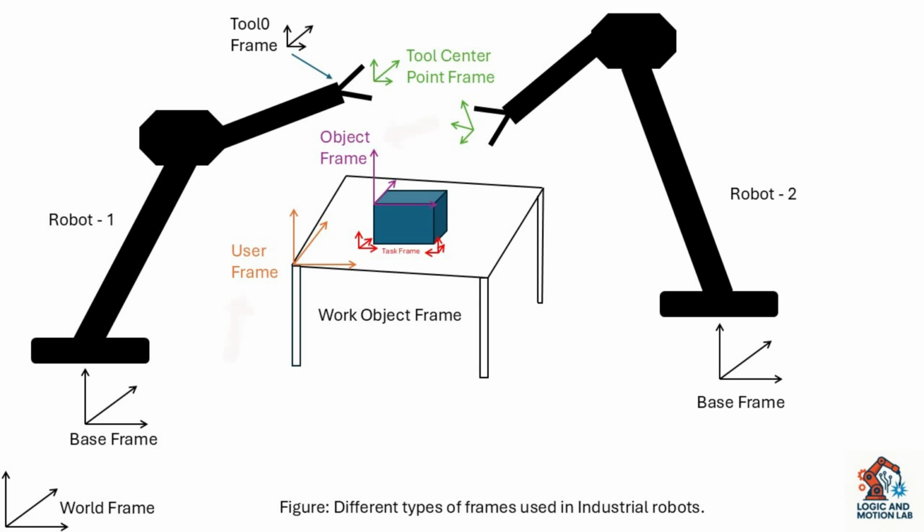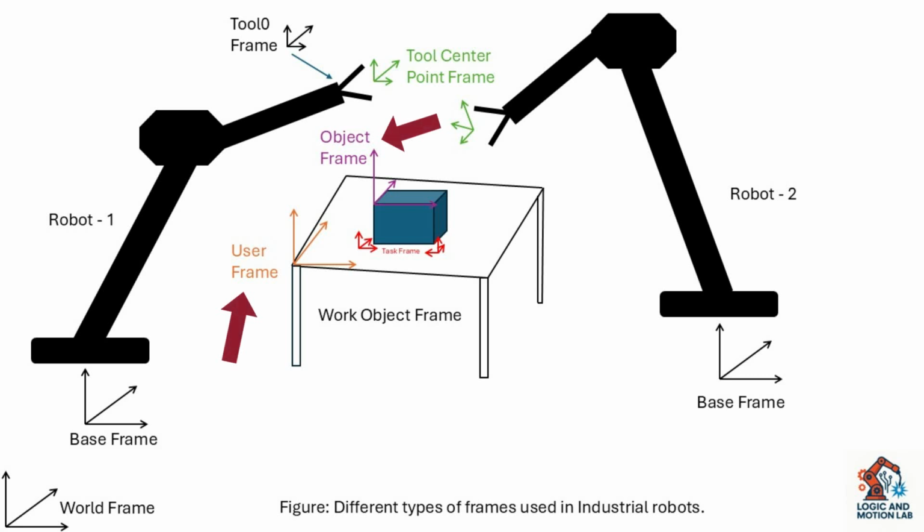The object frame will always be relative to the user frame, and the user frame is relative to the wall frame. There can be multiple object frames. The object frame can move with the workpiece which we are working on with the robot.